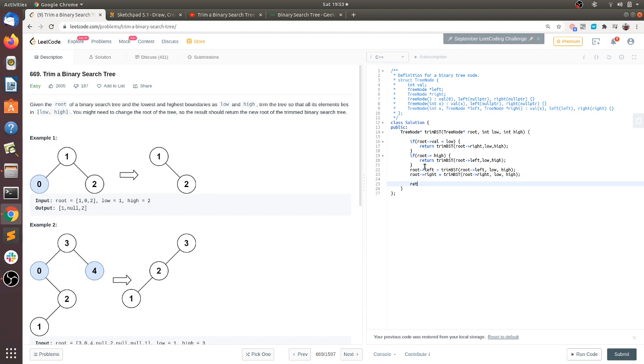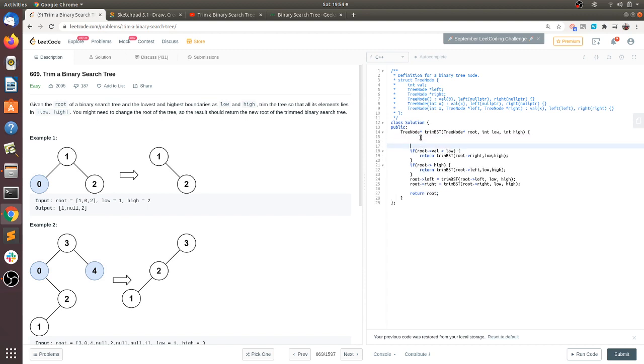Should I return anything? I should return myself obviously in this case because I am a part of the answer. So when I lie in the boundary, I should be a part of the answer. So I should return root, right? So what is the stopping case?